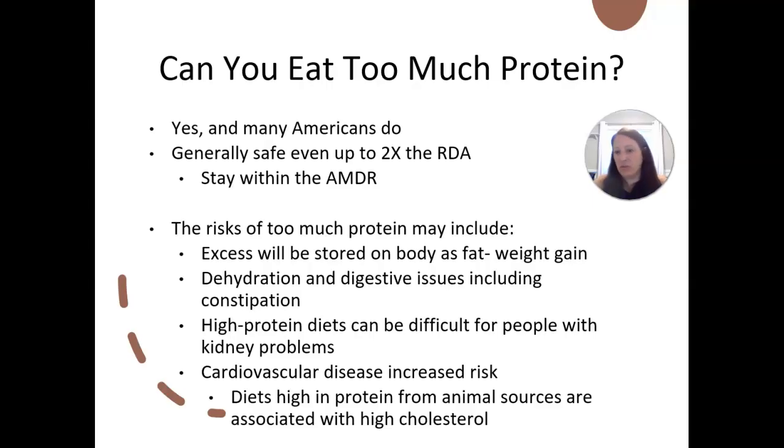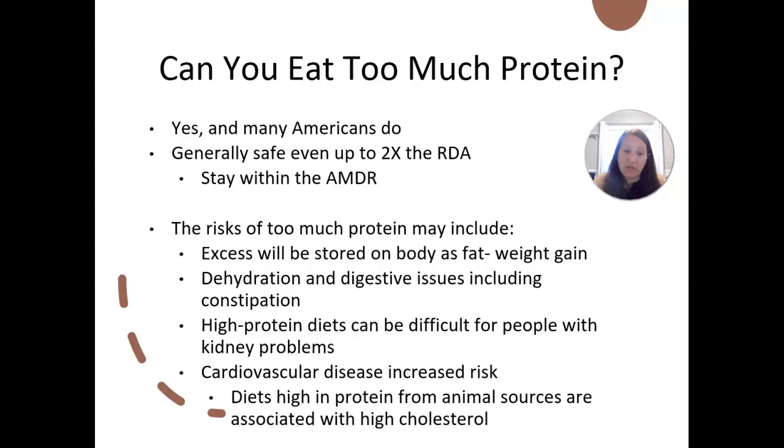The question was, why do you think this individual could be suffering from constipation? Consuming too much protein and not enough other macronutrients, not enough fruits and vegetables, fiber, and water, can lead to dehydration and digestive issues.